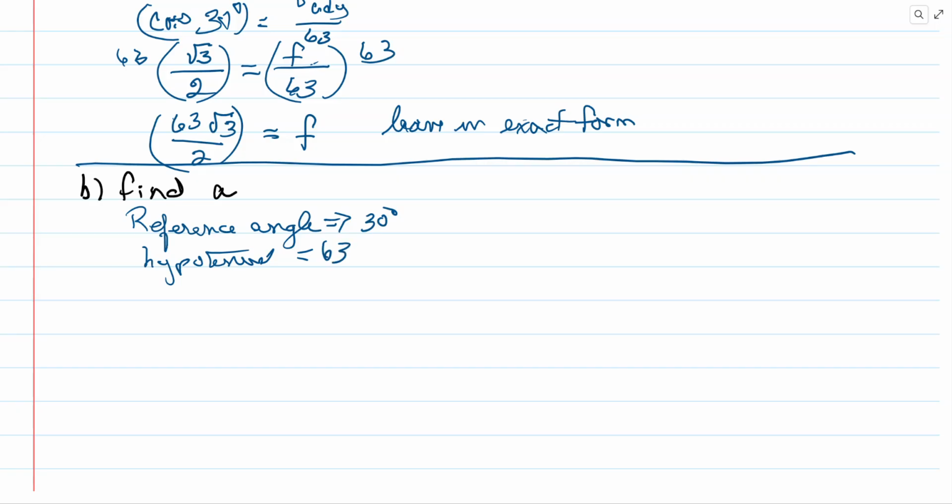A is the opposite side of the 30-degree angle.